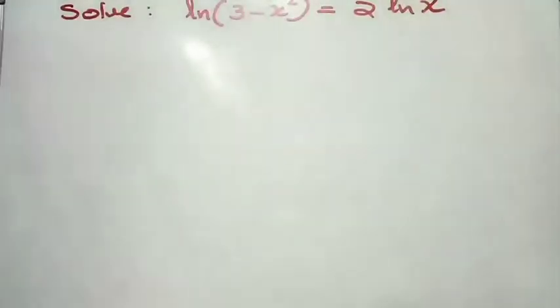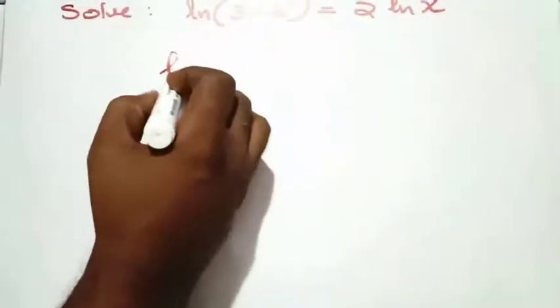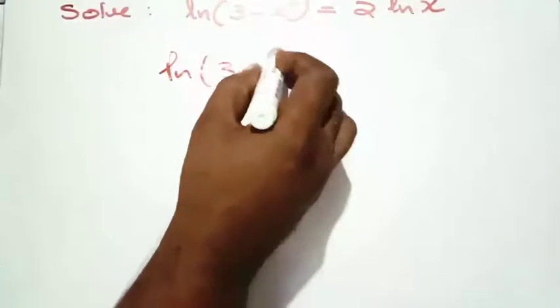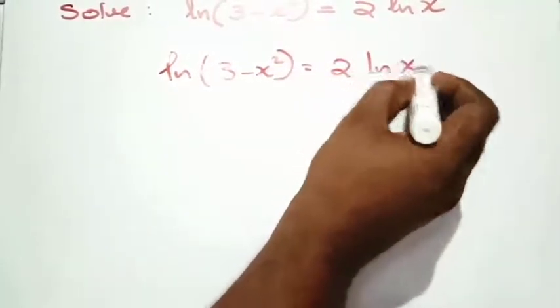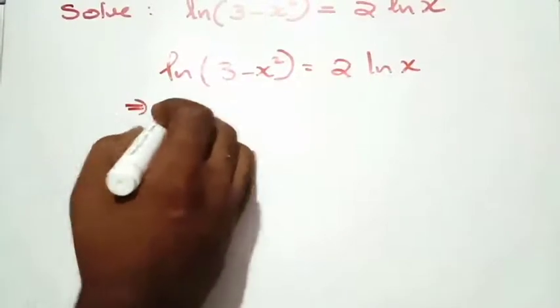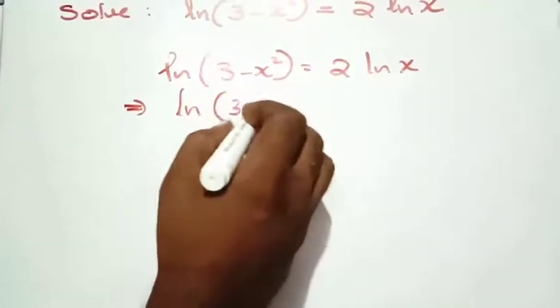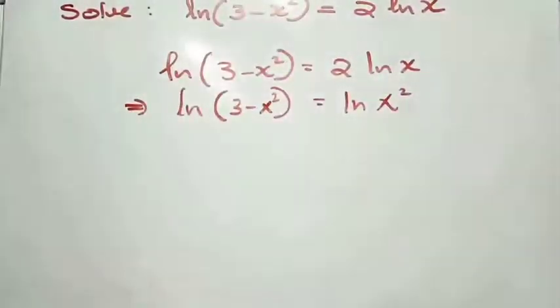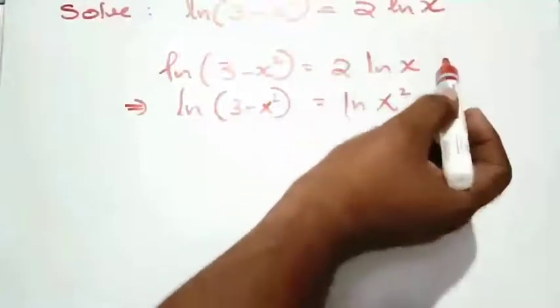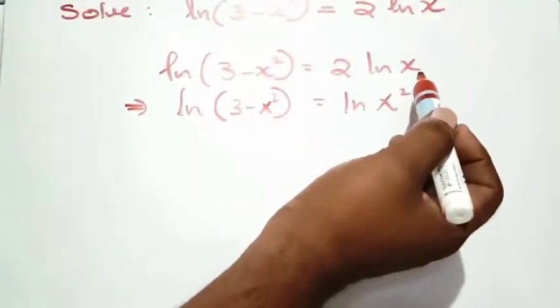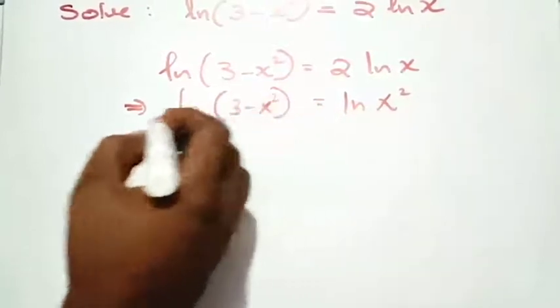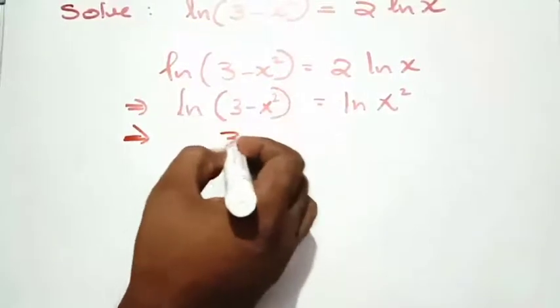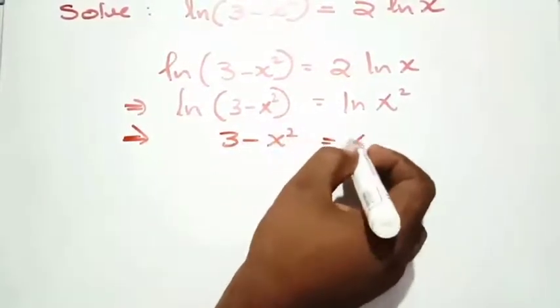Next question: solve log of 3 minus x squared is equal to 2 log x. We can change it to log of 3 minus x squared is equal to log x squared, because 2 log x is the same as log x raised to 2, since m log a is equal to log a raised to m. Now simply cancel logarithm from both sides. We get 3 minus x squared is equal to x squared.